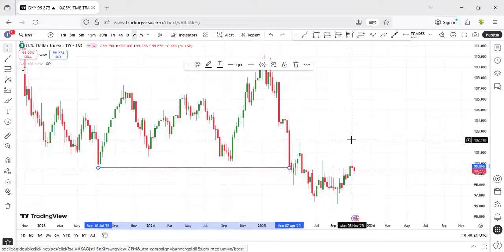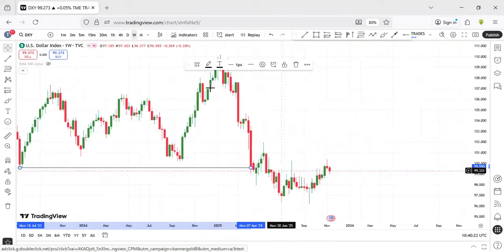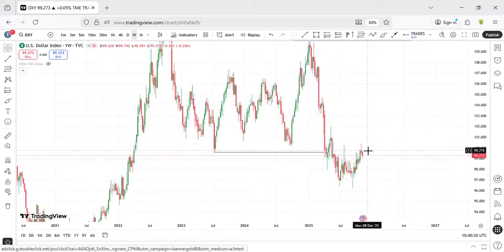And after breaking this support level, the market started ranging. On weekly, the market started ranging because after a break of structure, the market always goes up to take at least one internal structure before continuation to the downside. And that first structure is what we are seeing at this particular place.